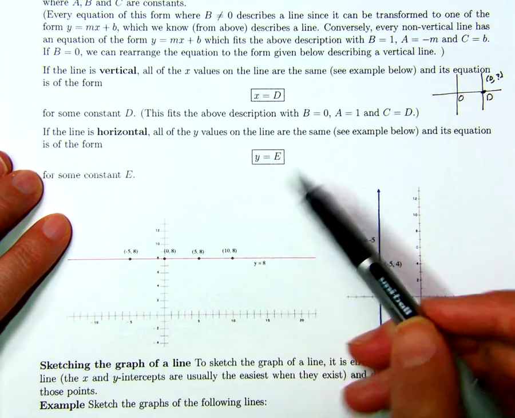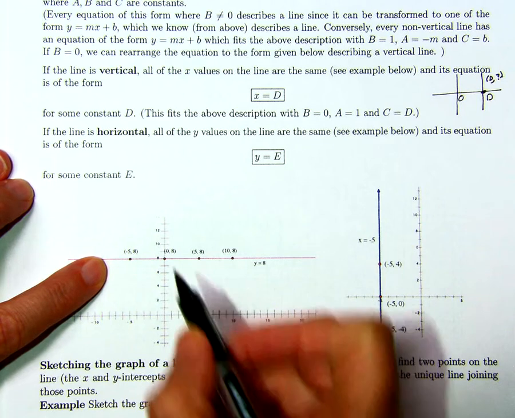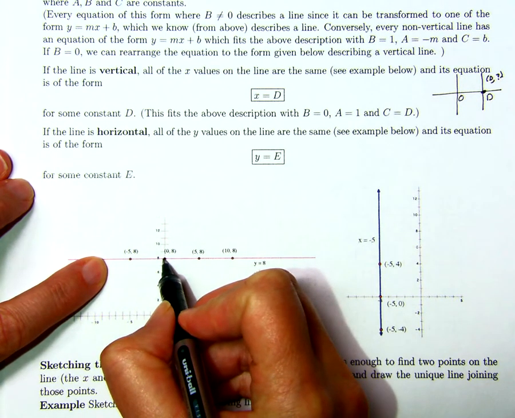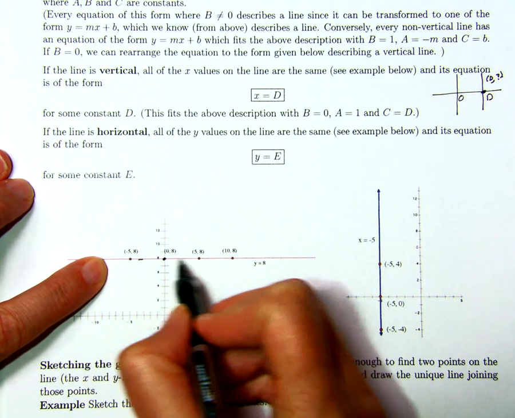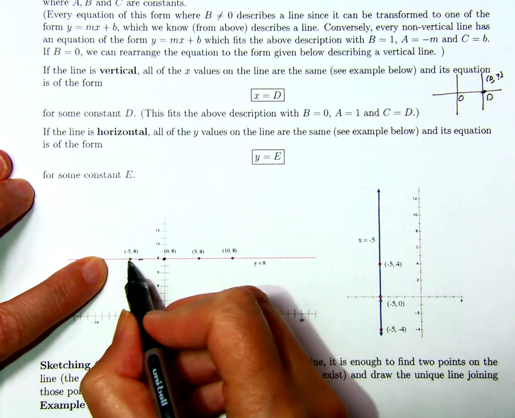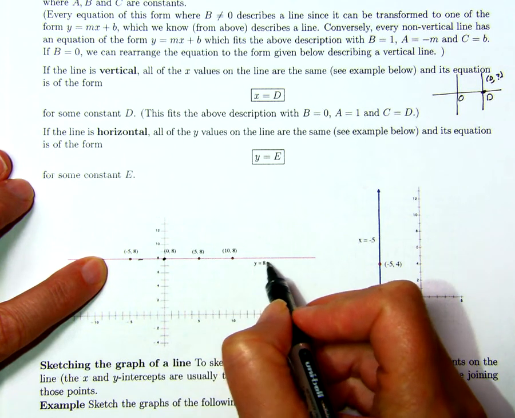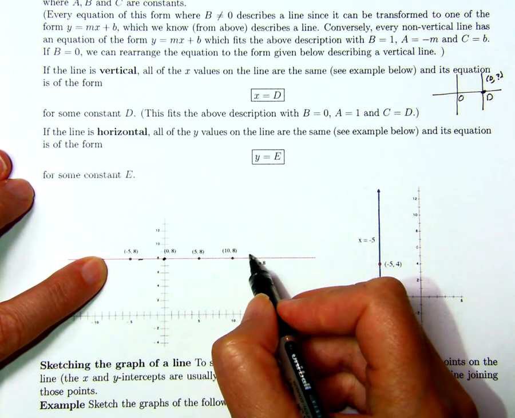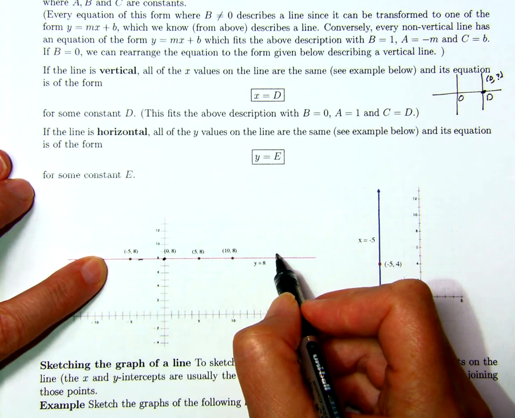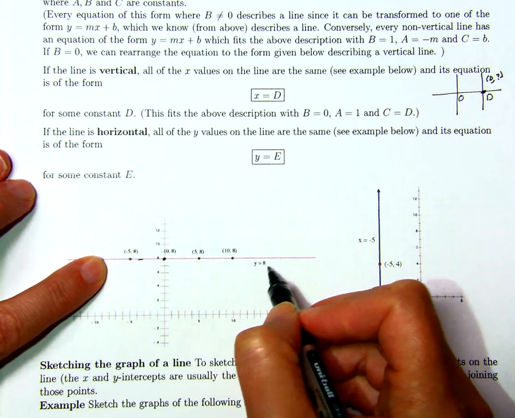For example, here's a horizontal line running through the y value 8, and so every point on this line, the y value is 8, and so therefore, vice versa, every point where the y value equals 8 is also on this line, so it's the graph of the equation y equals 8.